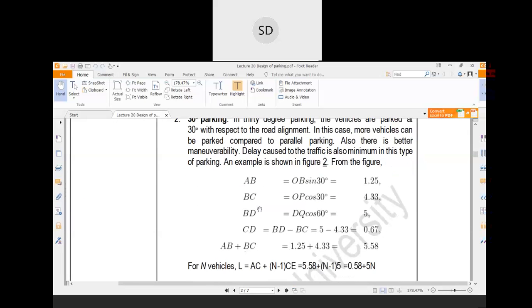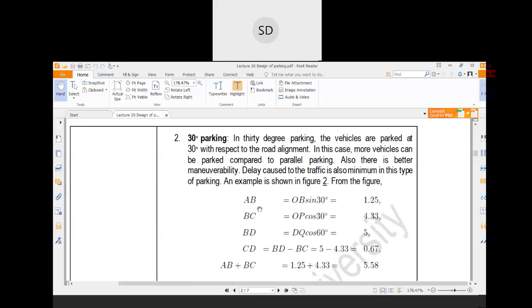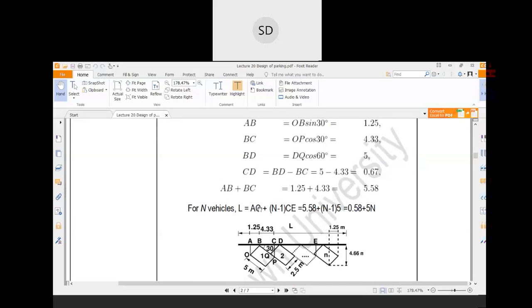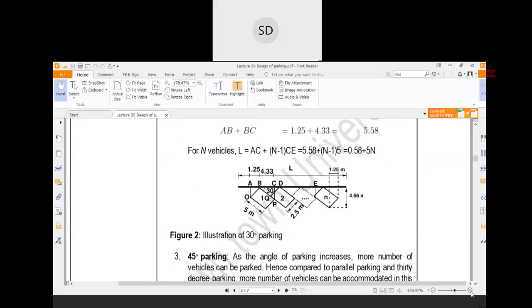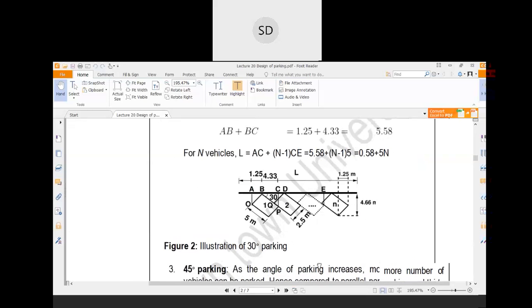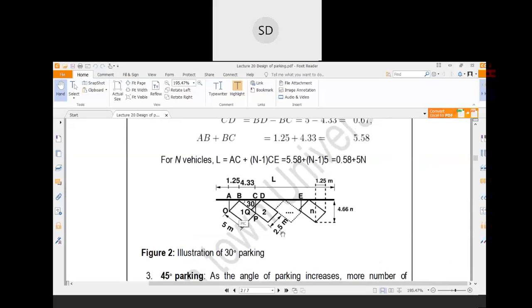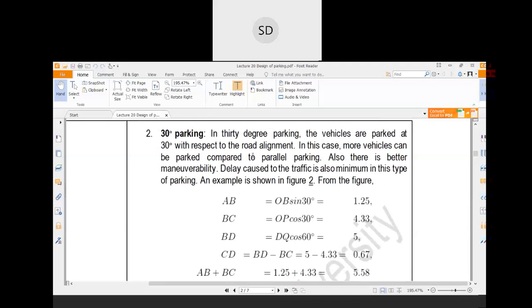Now, next one is 30-degree parking. In this type of parking, all the vehicles are parked at a 30-degree angle, like in this figure. All these vehicles will be parked in such fashion. In 30-degree parking, the vehicles are parked at 30 degrees with respect to the road alignment.